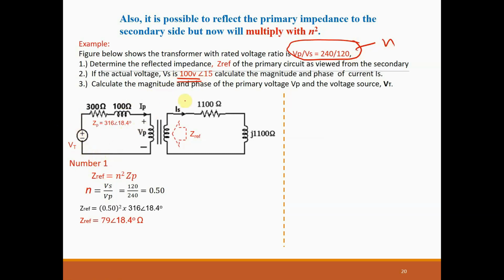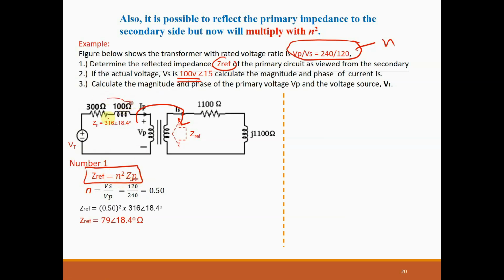So 100 angle 15. Now, first thing that we should do is determine the reflected impedance of the primary into the secondary. How to do that? In this case, we have to multiply by N squared. Right? Z reflected of the primary will be equal to N squared ZP.